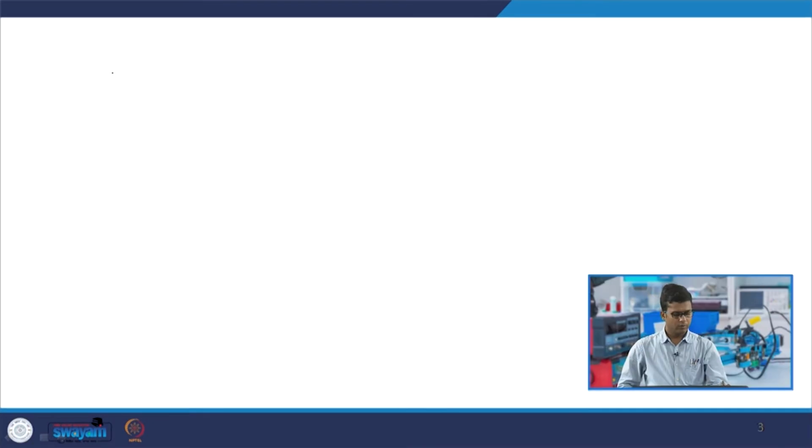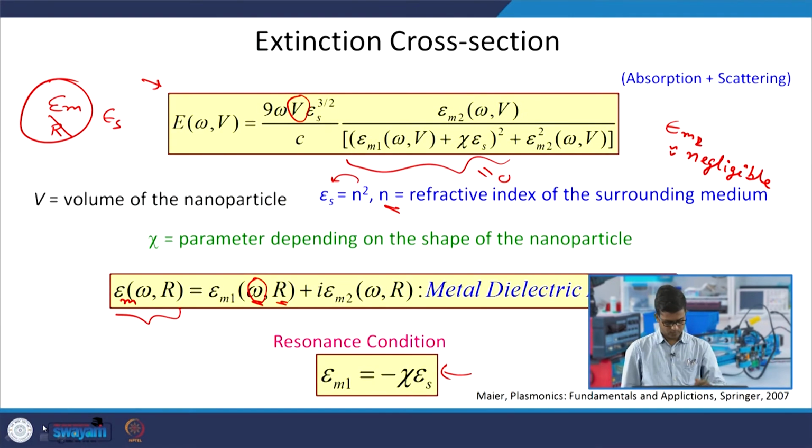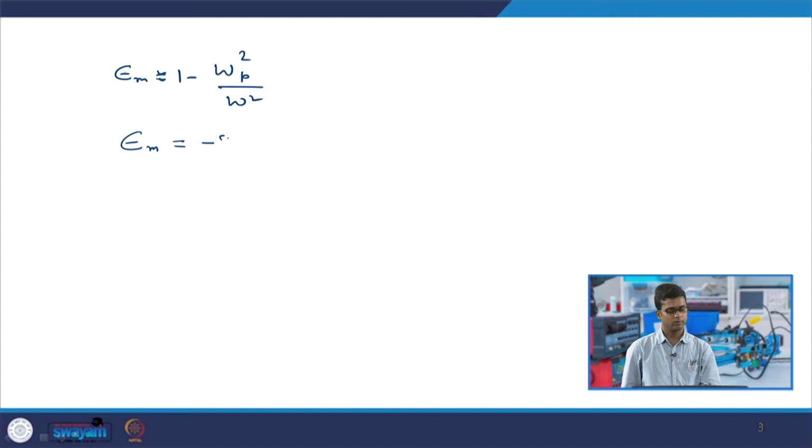So, we arrived here, we calculated the asymptotic values there, and if you want to solve for it, say for metal, we know that epsilon metal is roughly 1 minus omega p square upon omega square. So, let us say it is omega p b, and the resonance occurs when epsilon m is equal to minus 2 epsilon s, where epsilon s is for a sphere.